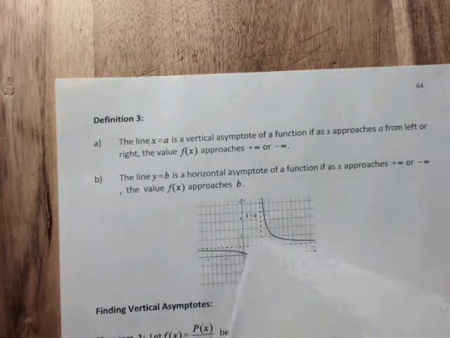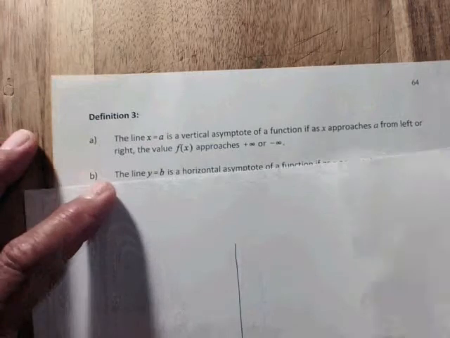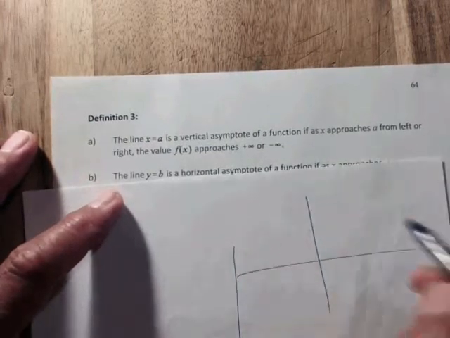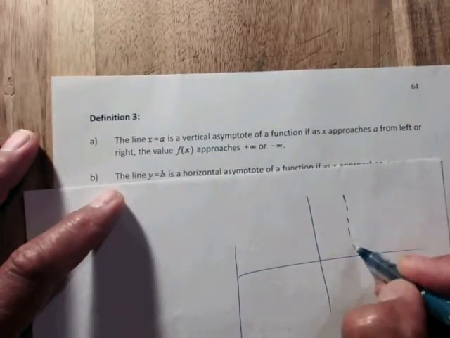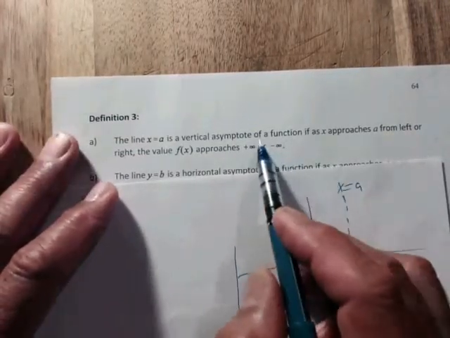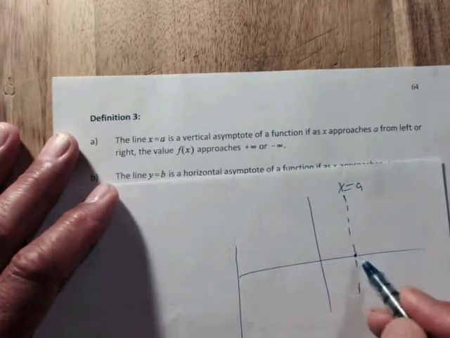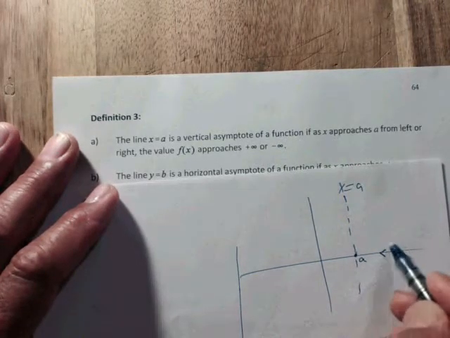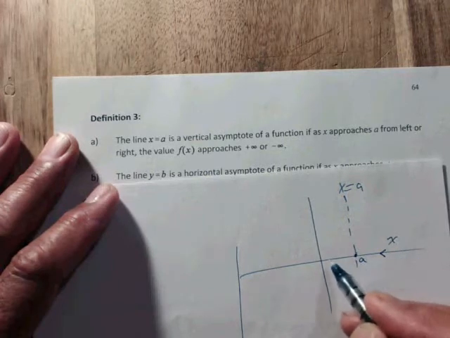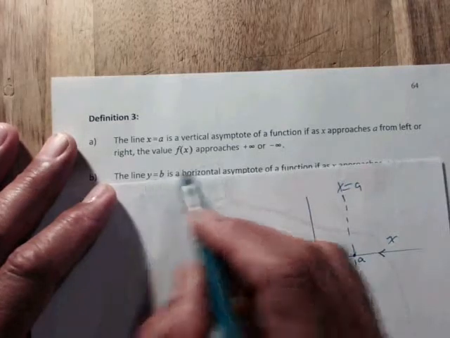The line x equal to a is a vertical asymptote of a function as x approaches a. This is a. This is x approaching a from the left and from the right. From the left or right, f of x goes to infinity.